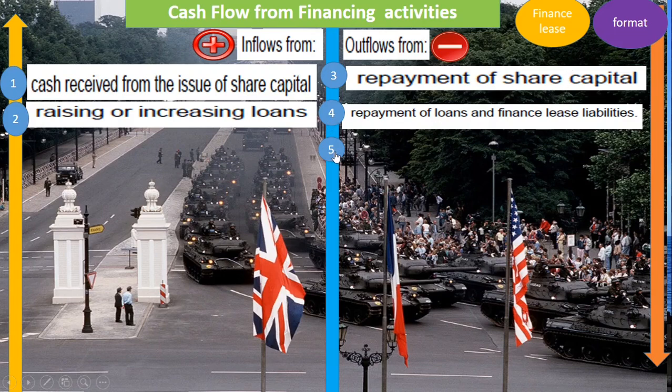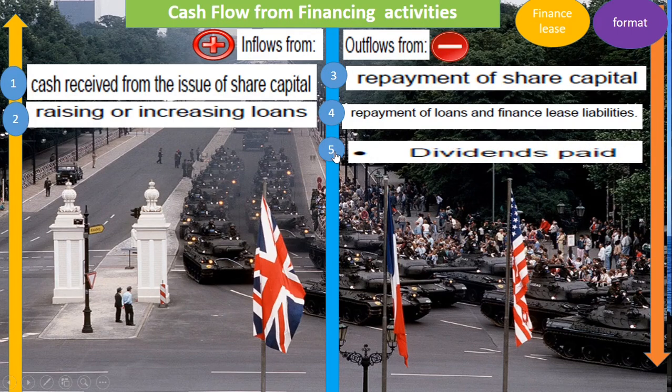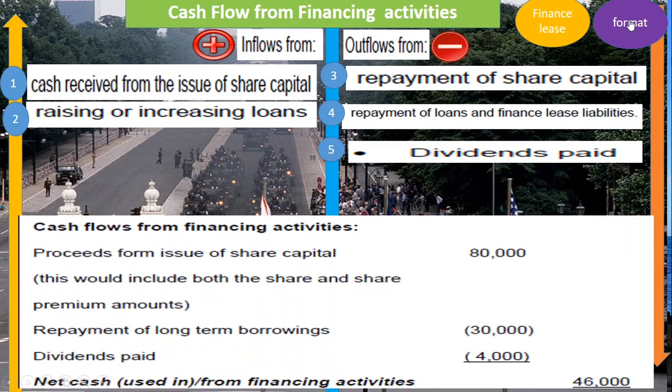The other thing that results in outflow in financing activities is dividend paid. Dividend is paid to shareholders, so that's an outflow, minus. This is going to be the format. Cash flow from financing activities: proceeds from issue of share capital is positive.